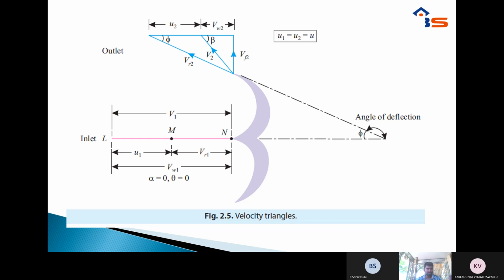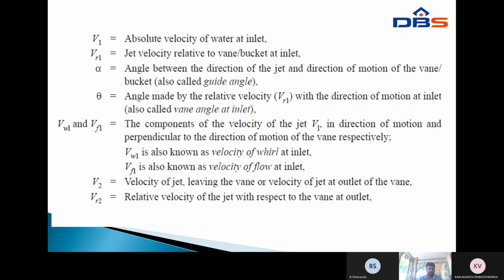Okay, U1, here, V1, V2, VF2, VR2, U2, VW2. These are the parameters of the outlet diagram. Okay, next.